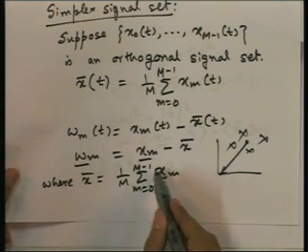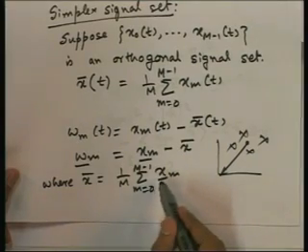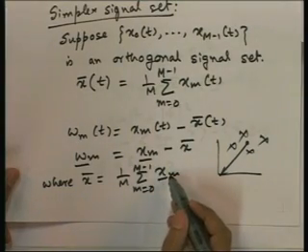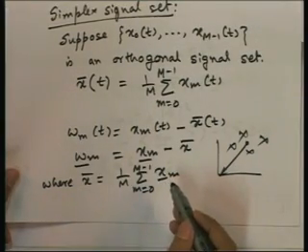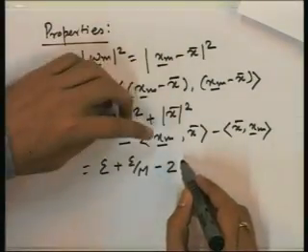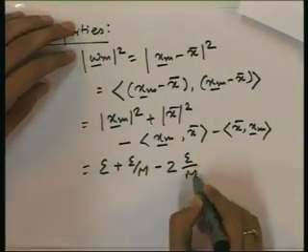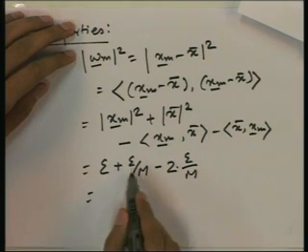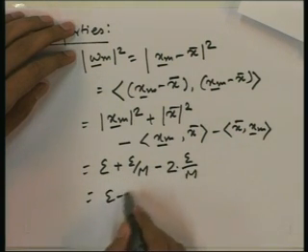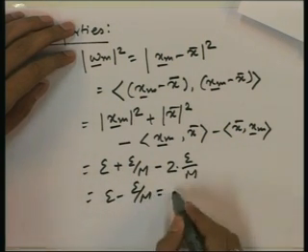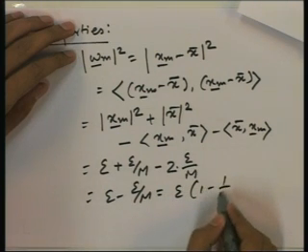Only for m it will be E, the inner product of xm with xm itself, which is its energy. So, E, then E by m. So, we will have this inner product as E by m. So, this is E plus E by m minus 2 E by m. So, E minus E by m. This is nothing but E times 1 minus 1 by m.